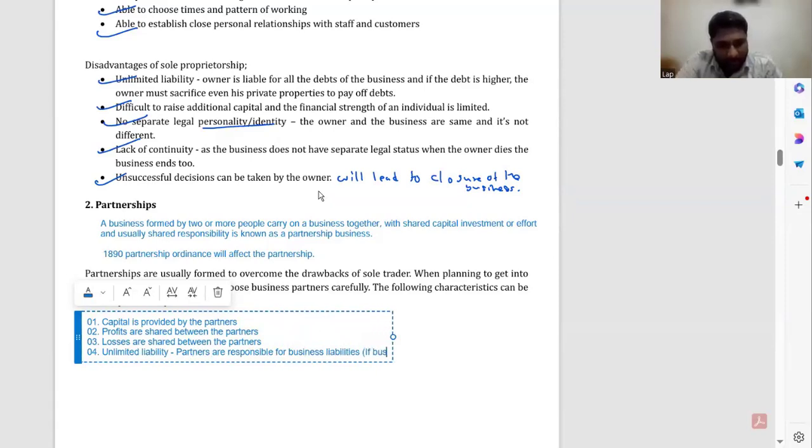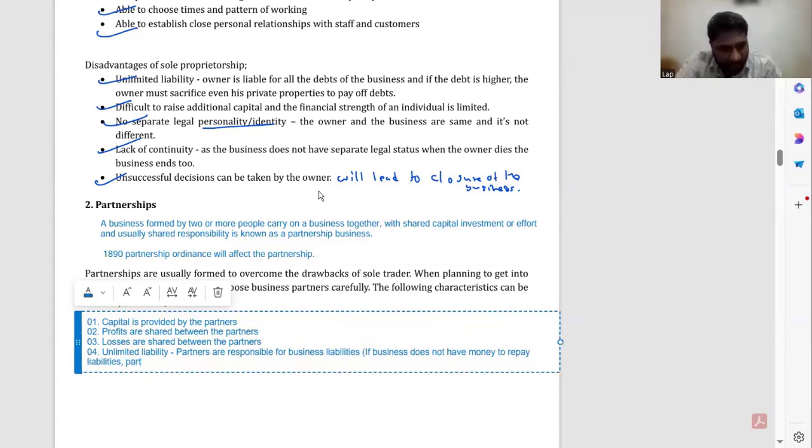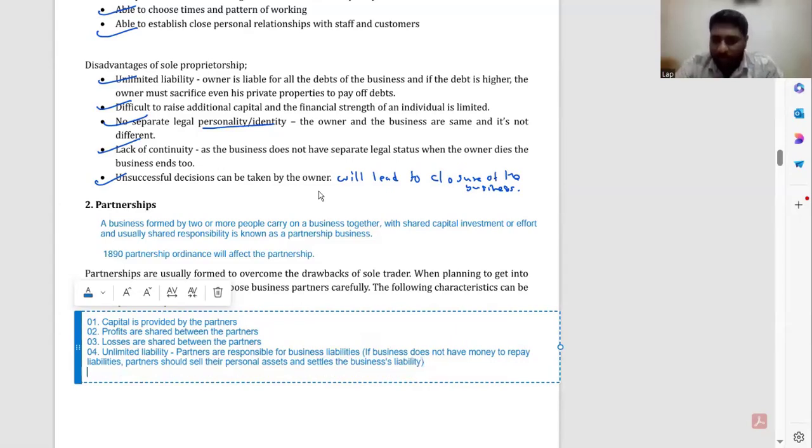If the business does not have money to repay liabilities, partners should sell their personal assets and settle the business's liability. What to do? Can't help.